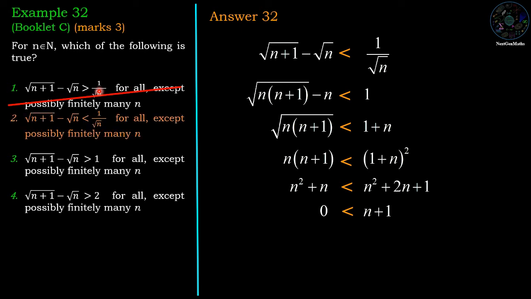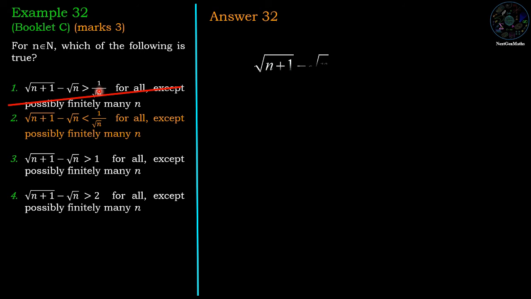Now we are going to check the remaining option number 3 and option number 4. So we begin with the left and right hand side terms, square root of n plus 1 minus square root of n, and 1. Now taking square root of n on the other side, we have 1 plus square root of n.